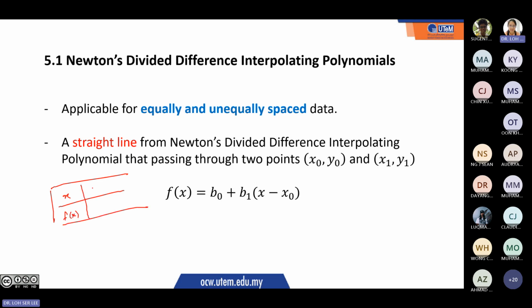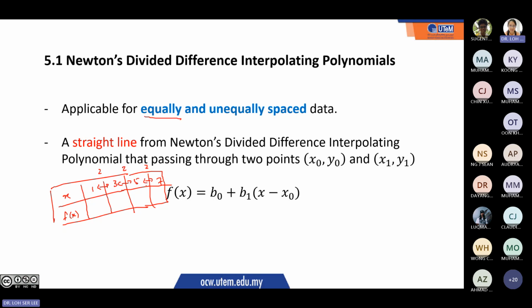You have 1, 3, 5, 7. This is equally spaced, because the difference between these two is 2, the difference between these two is 2, and the difference between these two points is 2. This is equally spaced.